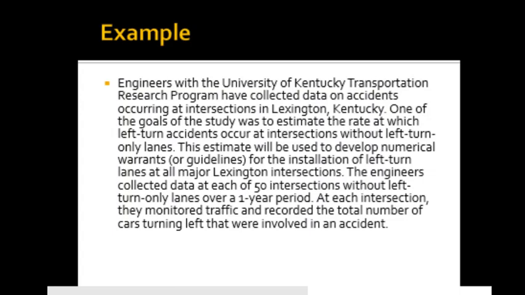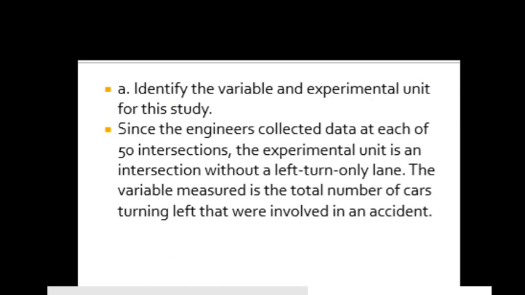This estimate will be used to develop numerical warrants for the installation of left turn lanes at all major Lexington intersections. The engineers collected data at each of the 50 intersections without left turn only lanes over a 1-year period. At each intersection, they monitored traffic and recorded the total number of cars turning left that were involved in an accident. So in this problem, let's identify the variable and the experimental unit first.